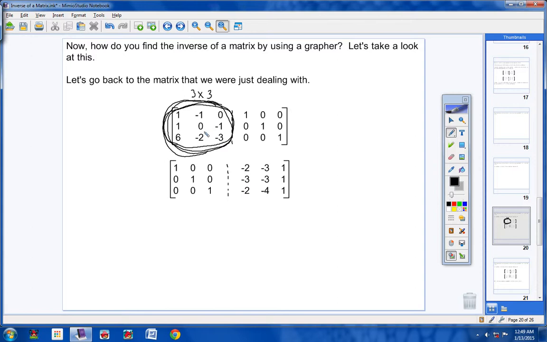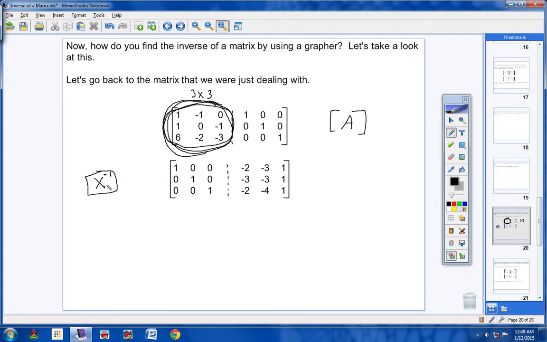So now that you've entered it, hit second, quit, and clear your screen entirely. Make sure you're on a blank screen. Then go back to your matrix. So hit second matrix, and then scroll down to the matrix you entered this, and hit enter. Now if you used A, up on your screen will pop this. Okay, then if you'll look down the left side of your calculator, it should be about the 4th button down, you'll see this button right here.